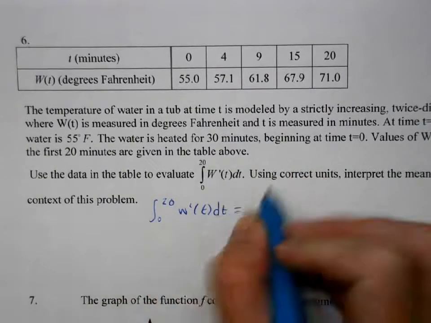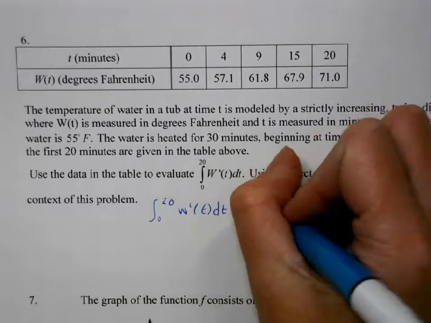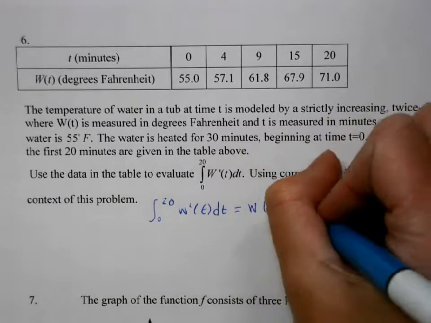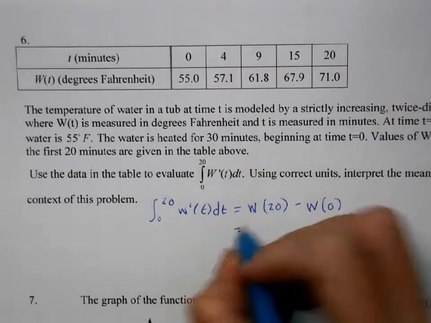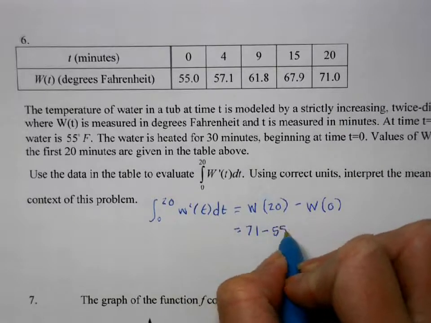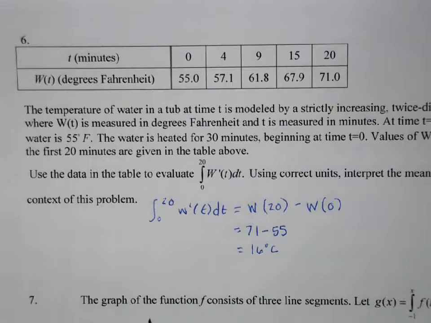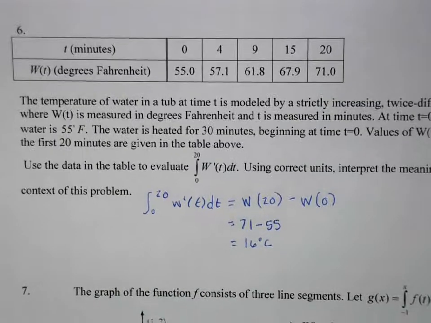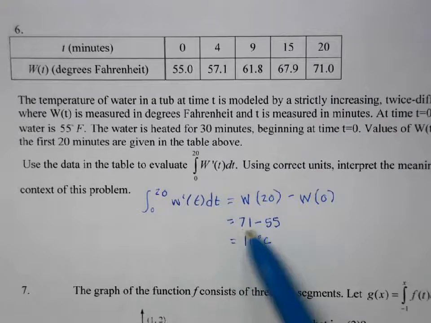Well, we take the antiderivative of w prime, which is going to be w evaluated at 20 minus w evaluated at 0. So from the table, that's going to be 71 minus 55, which is 16 degrees. So what does this mean? Well, just think about what these values are. This is the ending temperature. This is the beginning temperature.